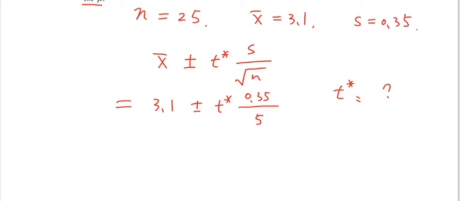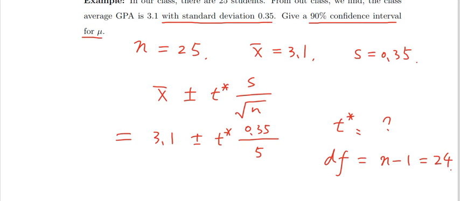For this T star, we need to check a T table. Okay, so T table. At first, we need to determine the degree of freedom. So here, degree of freedom is N minus 1, so equal 24, right? So degree of freedom is 24. The confidence level is 90.